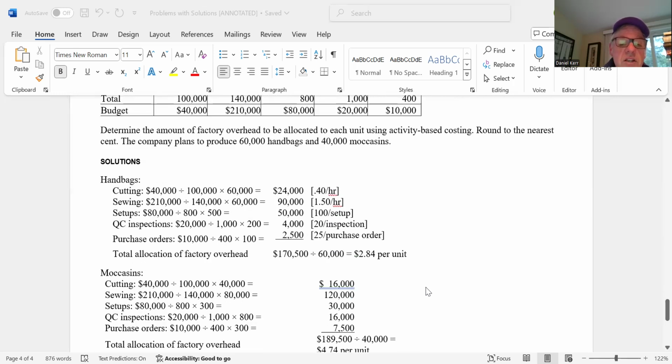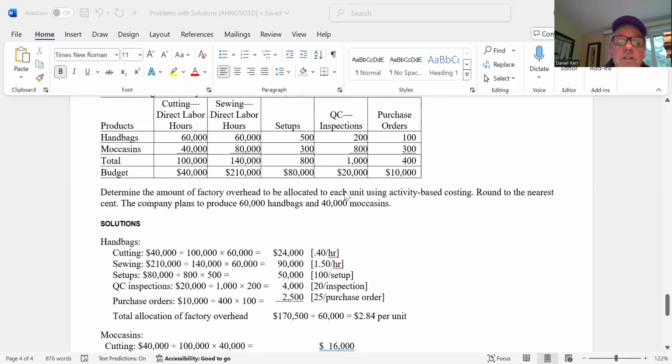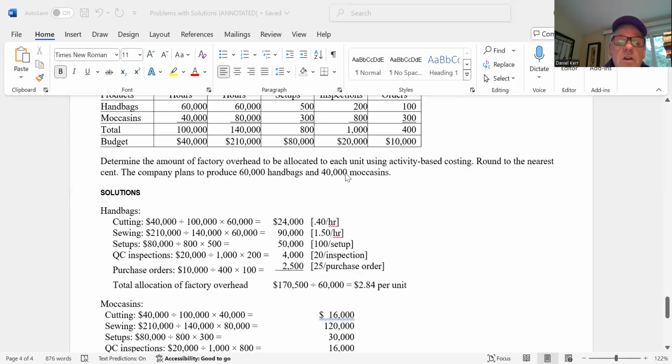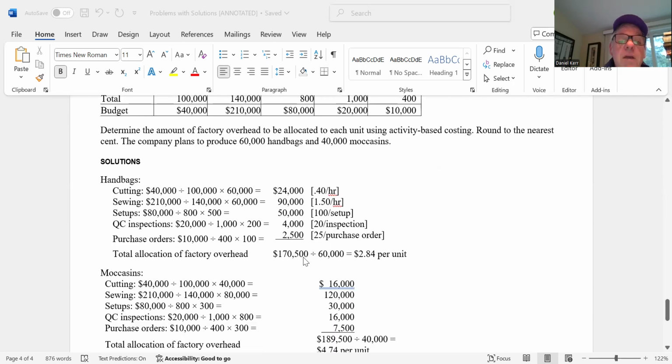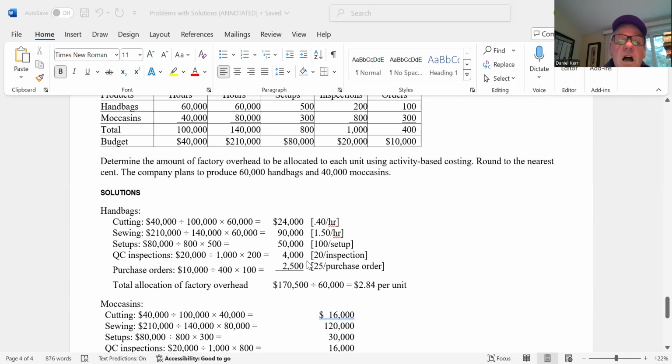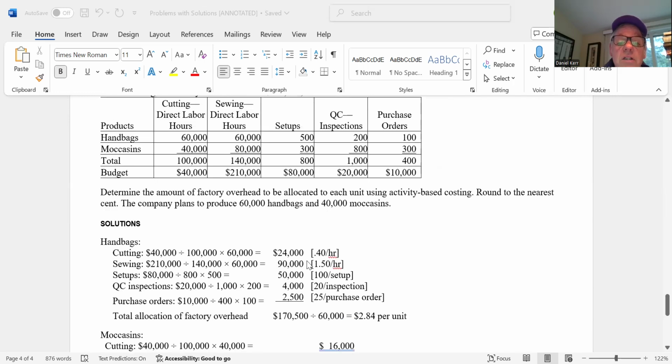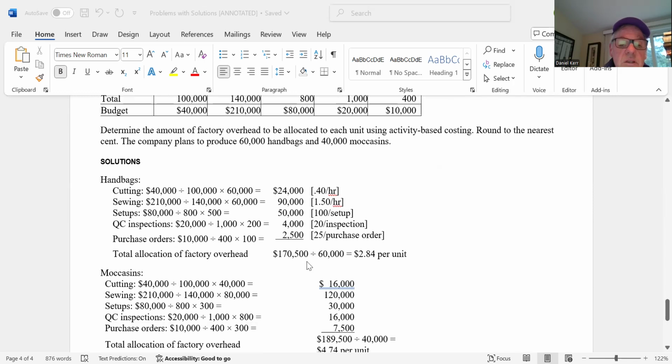Quality inspections, you had $20,000 worth of cost. You had 1,000 inspections, so 20,000 divided by 1,000 multiplied by the number of inspections for moccasins, which was 800. So 20,000 divided by 1,000 times 800 gives you 16,000.